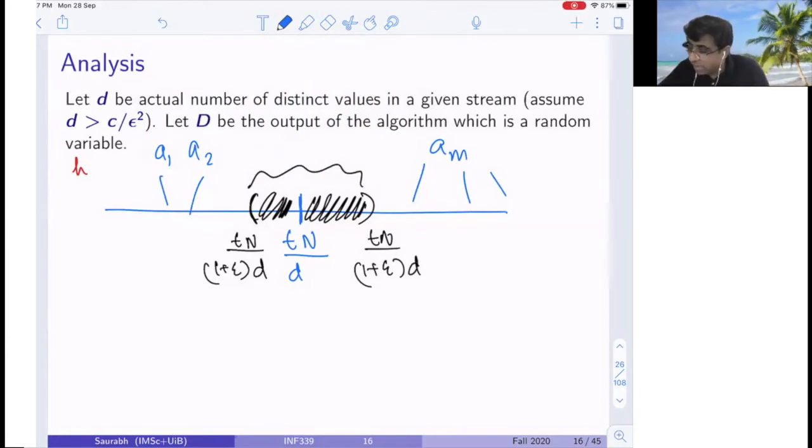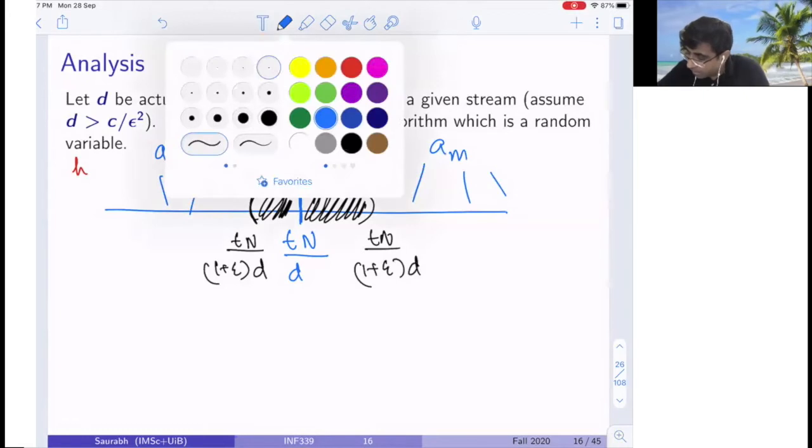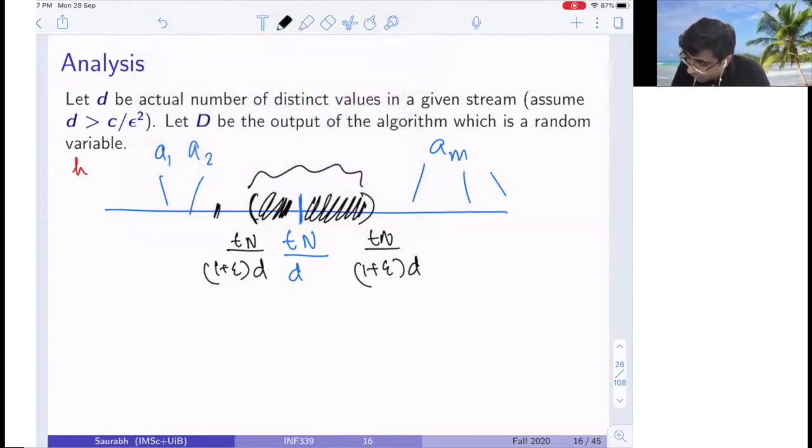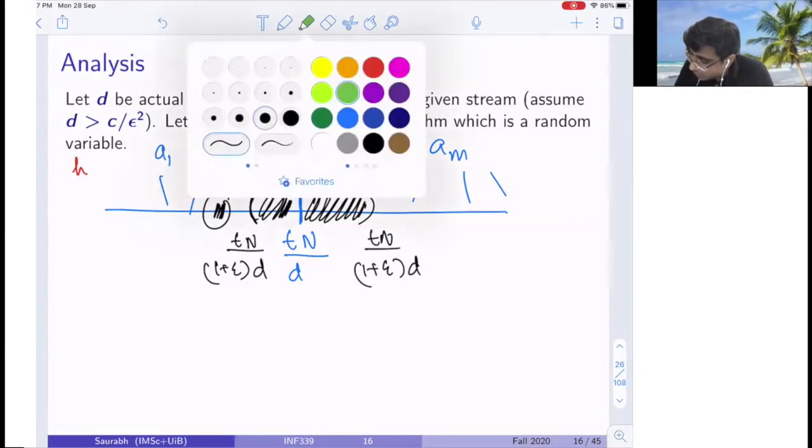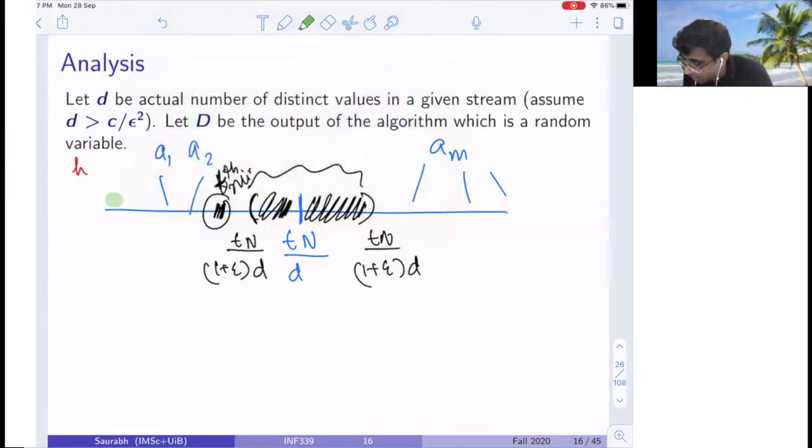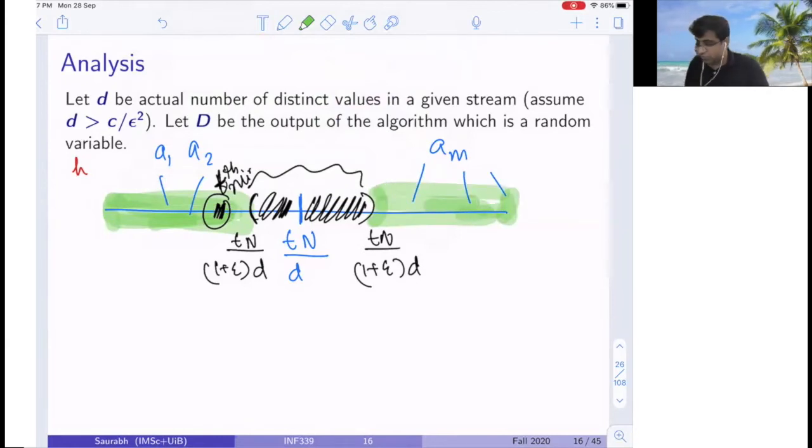Well, the only reason you could go wrong is that suppose the kth value, kth minimum, tth minimum is mapped somewhere here, right? Because what are you returning?